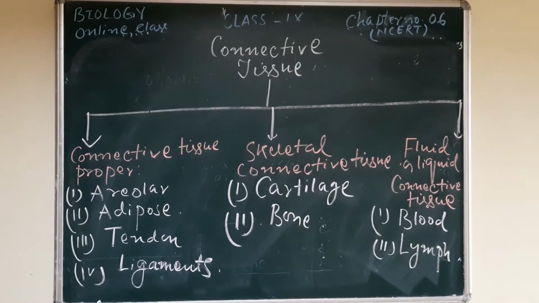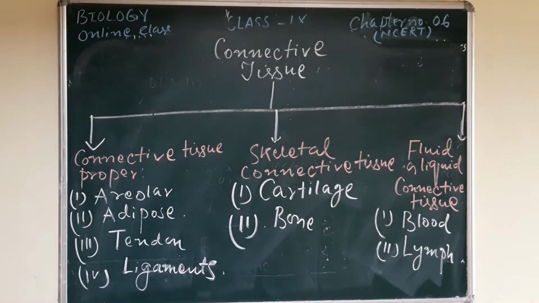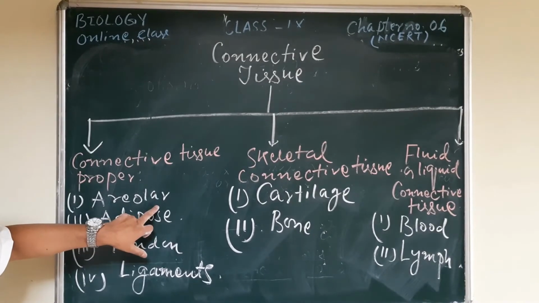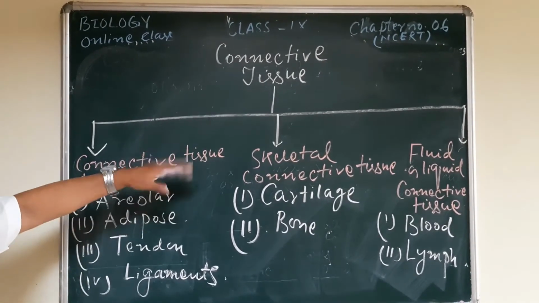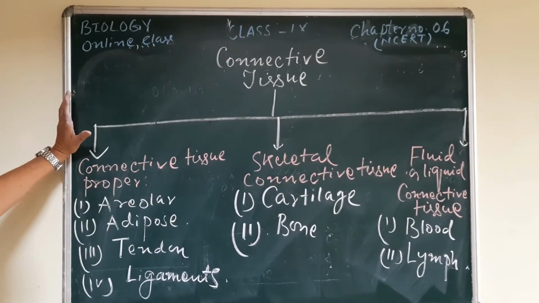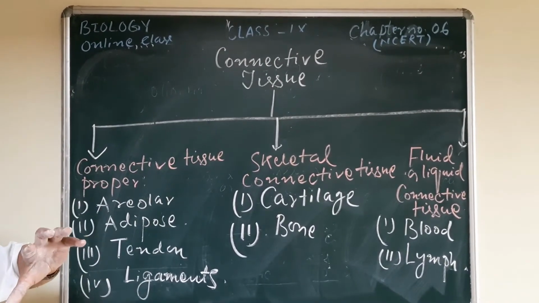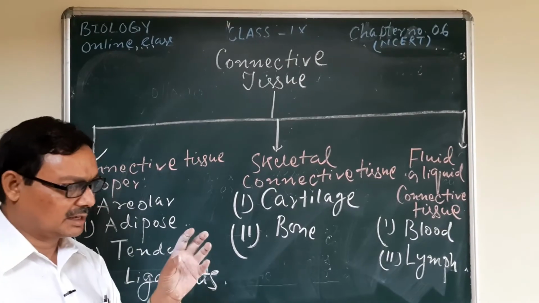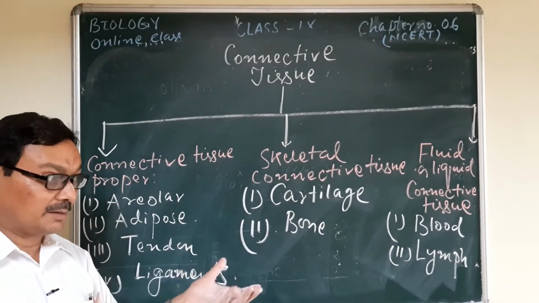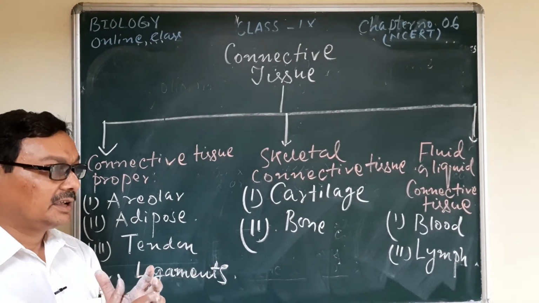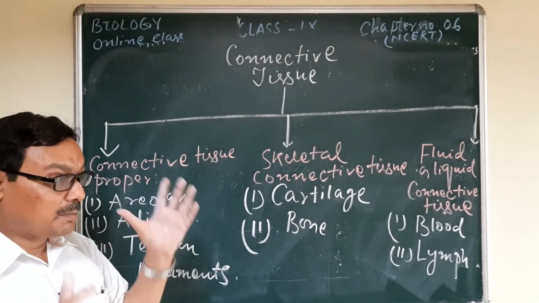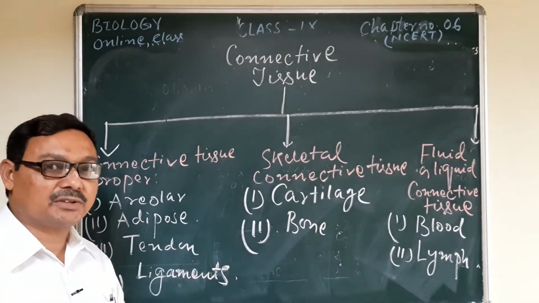The first is areolar. This tissue, as we have seen, acts as a packing tissue. That means it binds and packs the different organs and the different tissues.